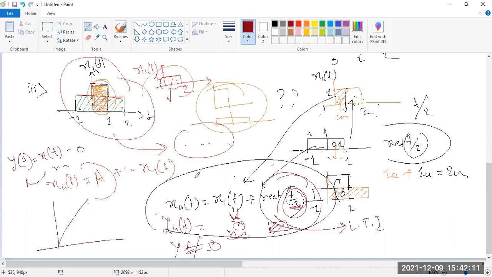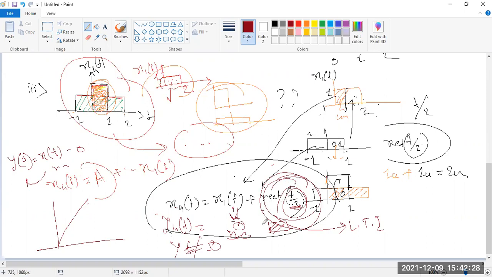So very fast I told you the question: for a linear time invariant system, if x is 0 then y has to be 0. But here, if x is 0, y is not 0, because this term is added.